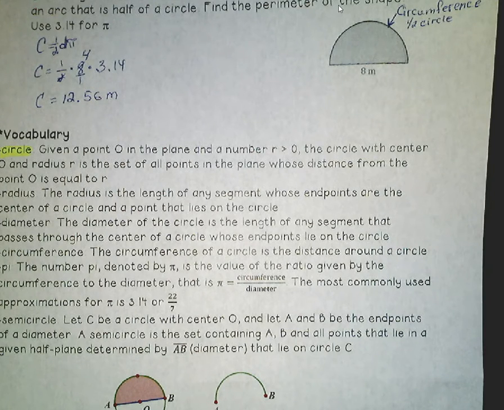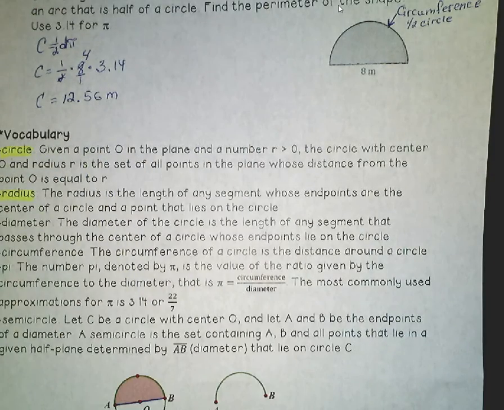The circle with center O and radius R is the set of all points in the plane whose distance from the point O is equal to R. So the distance from center to the outside is the same throughout the entire shape, and that is a circle.